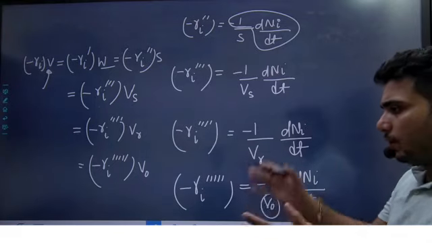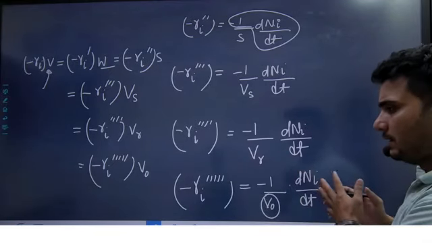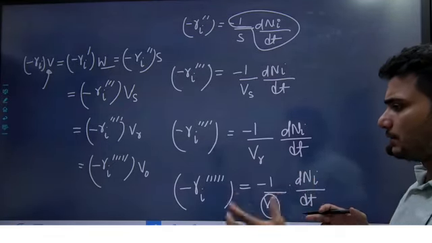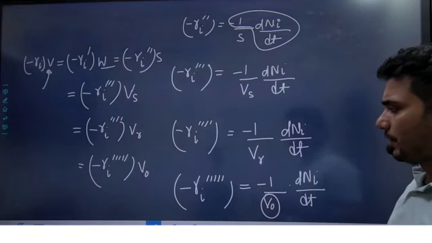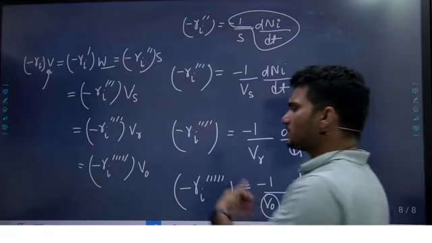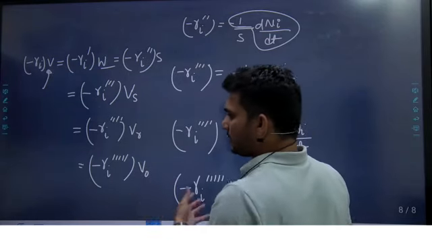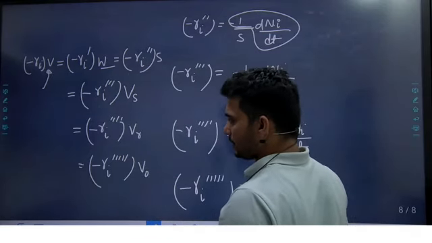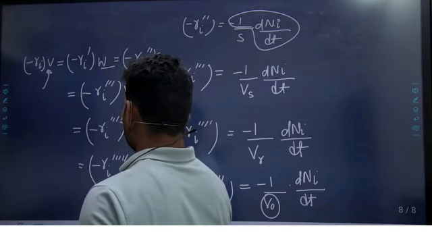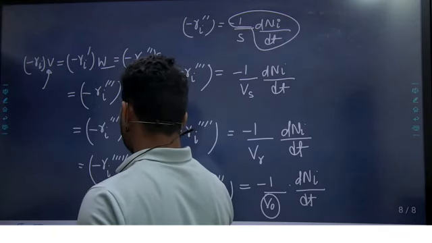In the whole reactor volume, when you subtract the volume of solid, you find the void volume of the reactor. So based on various aspects you can define the rate. Are you getting it? All of that equals minus dNi divided by dt.